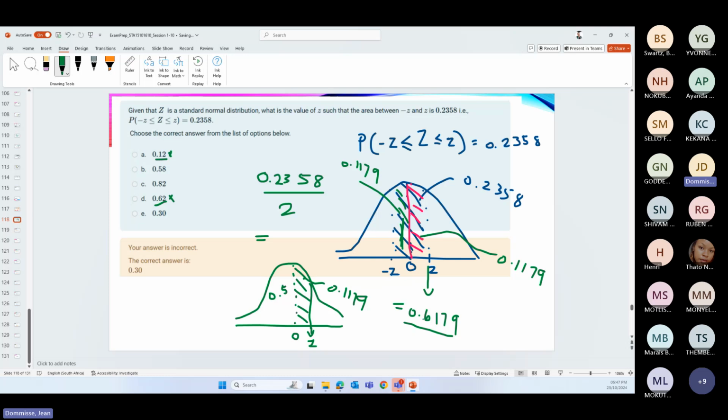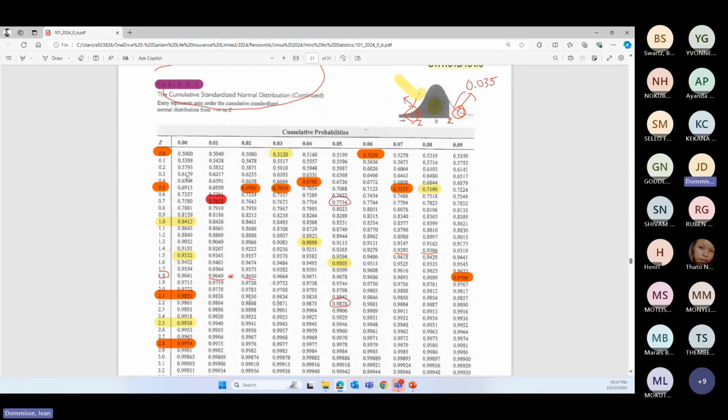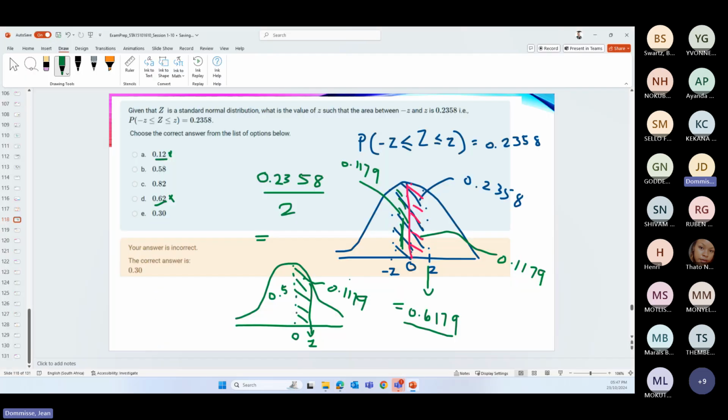Okay, so there it is. So the Z is 0.3. On the other side, it would have been negative 0.3. Okay, so option E is the right one.